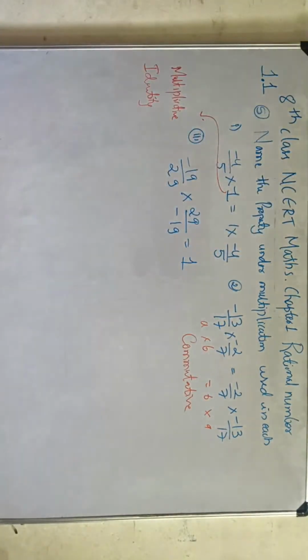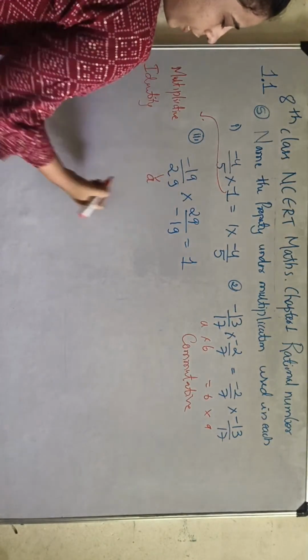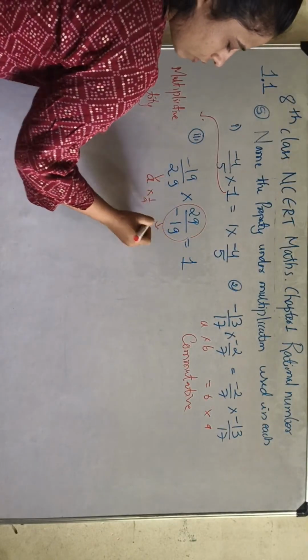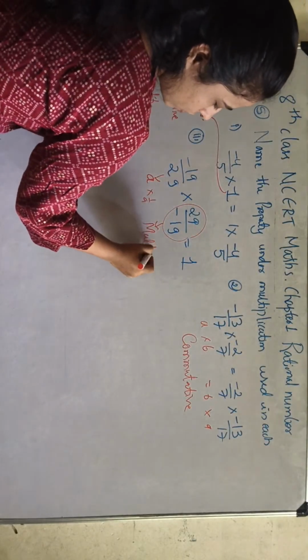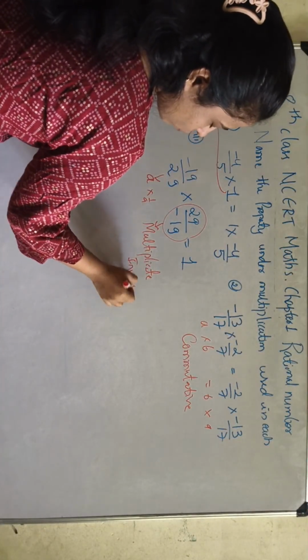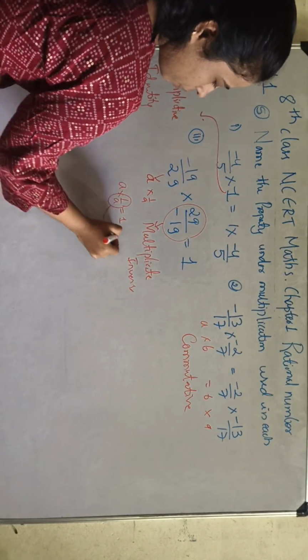And here you have to see. This is one rational number called A, and this is 1 by A, right? Then what is this? This is a multiplicative inverse, right? In the multiplicative inverse, what will happen? A into 1 by A will give 1.